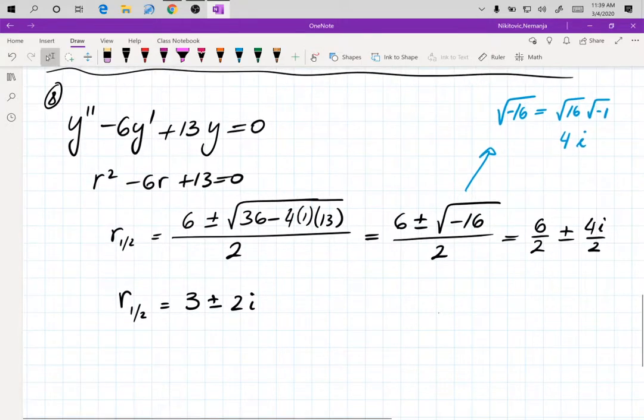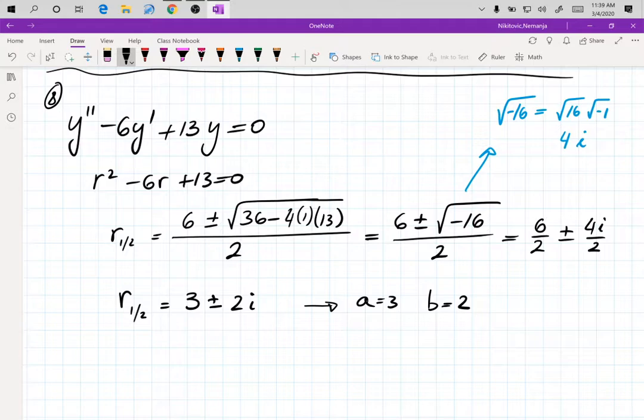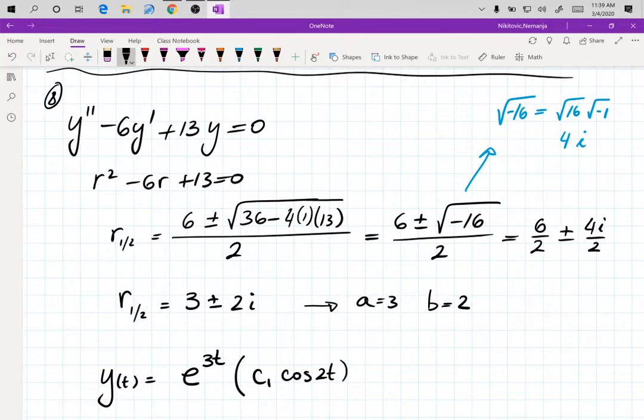Therefore, we have complex roots. And this is where we say a is 3, b is 2 to plug into our solution. Y of t equals e to the at, so that's going to be 3t, times c1 cosine of 2t plus c2 sine 2t.